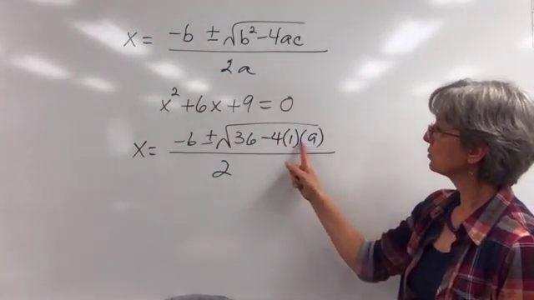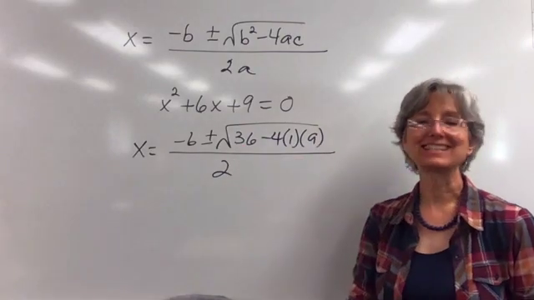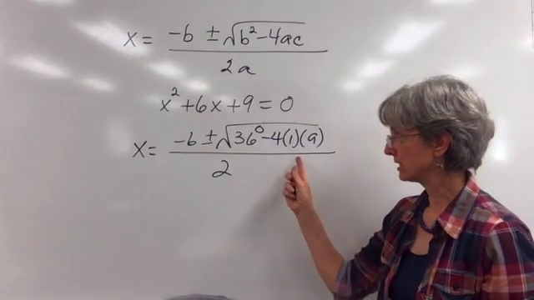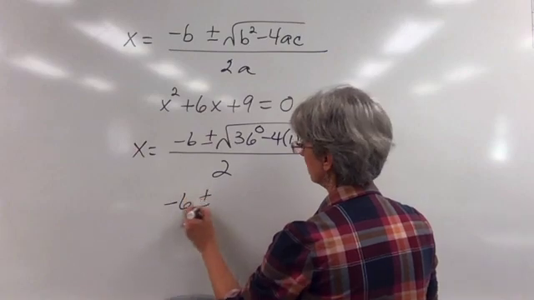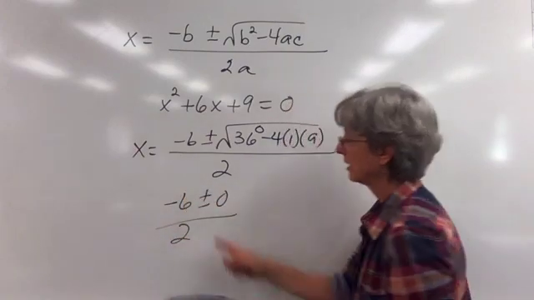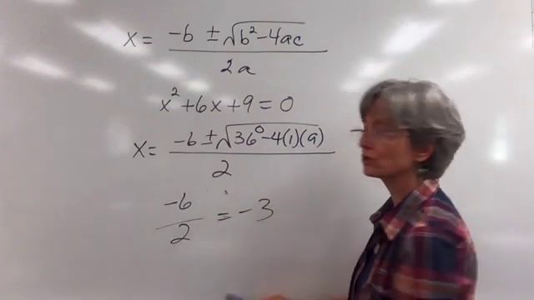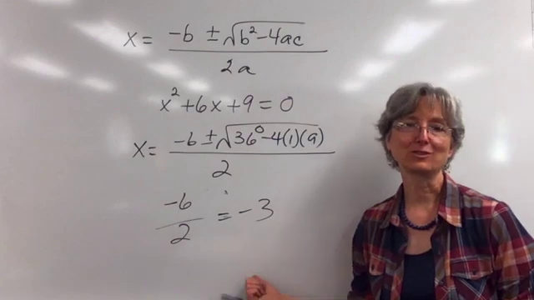So 4 times 1 times 9, that's 36. 36 minus 36 is 0. So the square root of 0 is 0. So we have negative 6 plus or minus 0 over 2. And that's just negative 6 over 2. And that's negative 3, which is what I told you by factoring. But you see, you got the same answer.